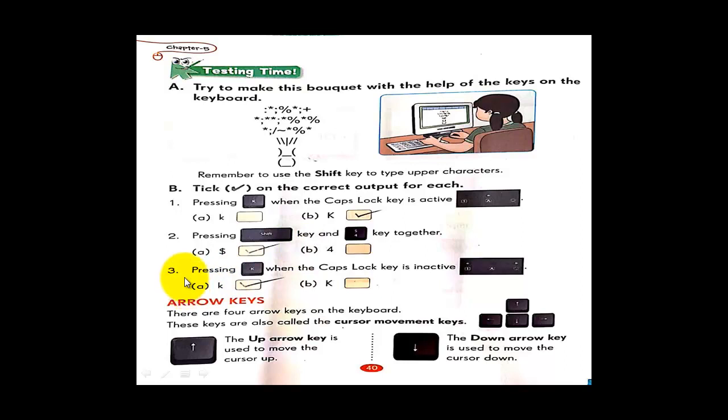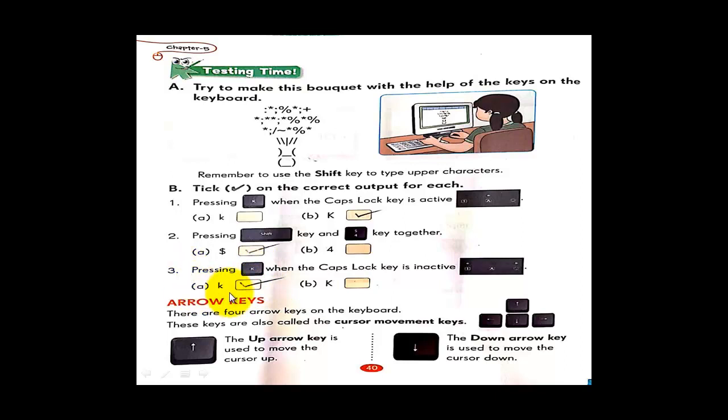Okay, now question number 4 is pressing K when the caps lock key is inactive. Caps lock key inactive means the caps lock is off. In question number 1, the caps lock key is active, so pressing K gives capital letter K, but if the caps lock key is inactive, pressing K will display the small letter K on the screen.